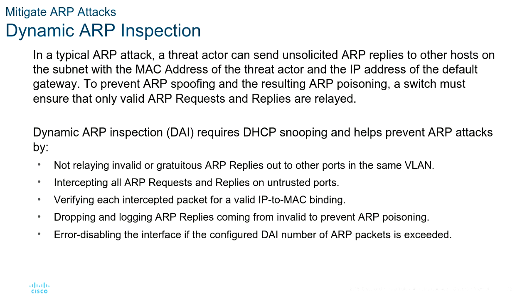We're probably going to do this on a network where we have real security aims, security policies, and this can help prevent our ARP attacks. Gratuitous, invalid ARPs, we shouldn't want that on a network anyway. Untrusted ports, we're going to intercept those. We're going to make sure that intercepted packets have a valid, this is what ARP does, it correlates and lines up your layer 3 IP address with the actual MAC address, not some fake address.